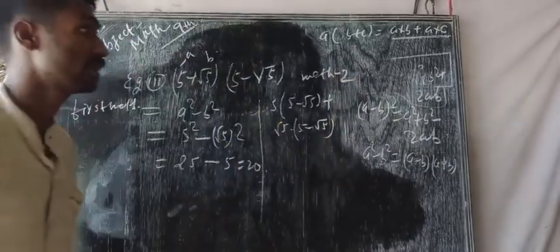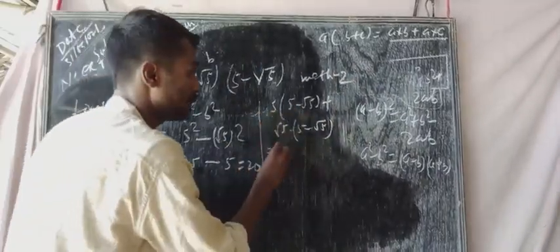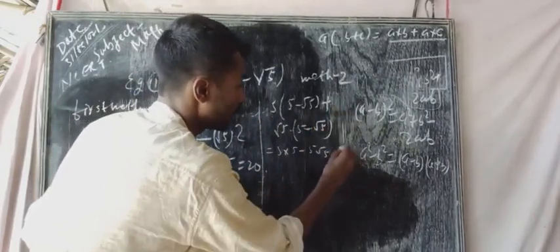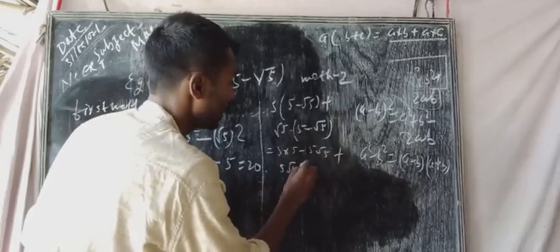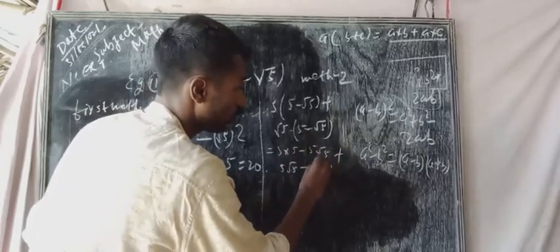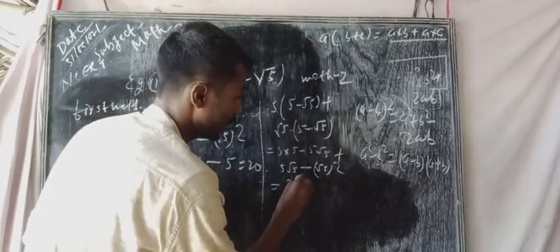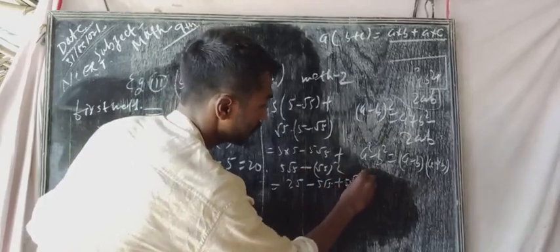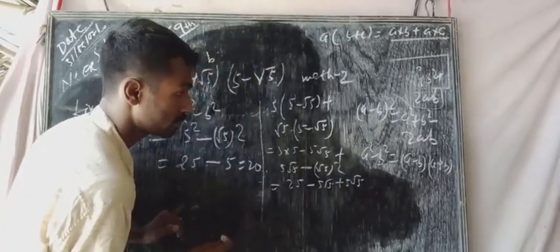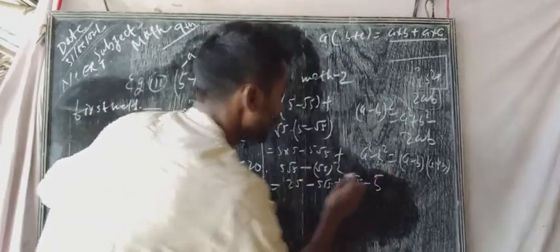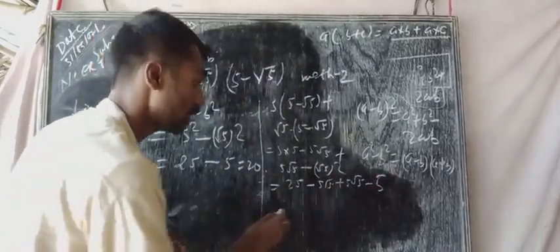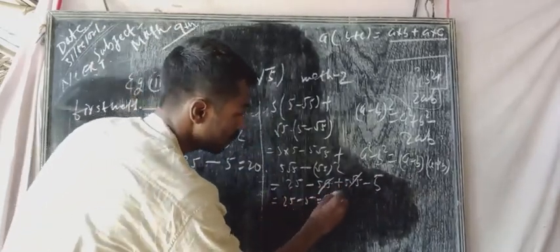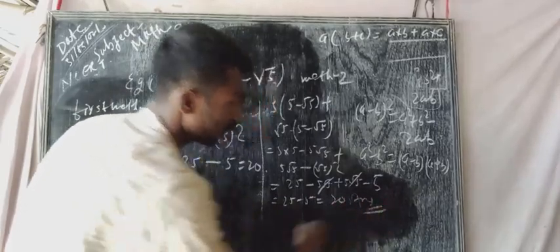Now let us see another way. 5 into 5 minus 5 root 5, plus 5 root 5 minus root 5 whole square, is equal to 25 minus 5 root 5 plus 5 root 5, and this one is minus 5, because root 5 whole square is equal to 5. In that case minus and plus cancel, and 25 minus 5 equal to 20 is the answer.